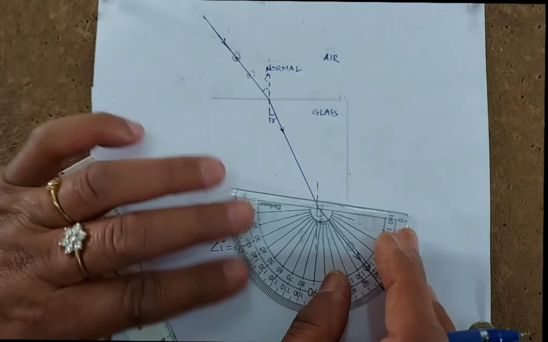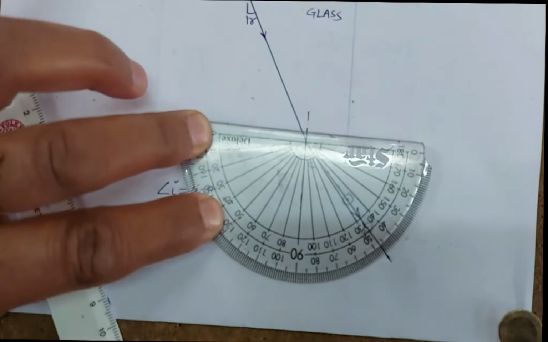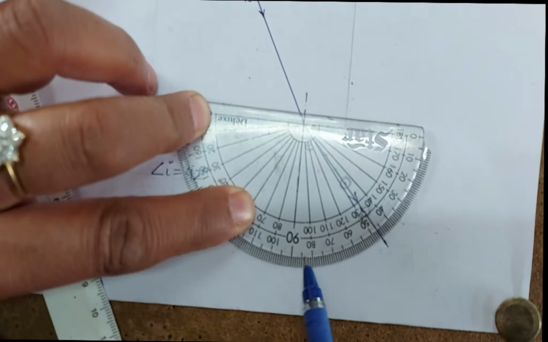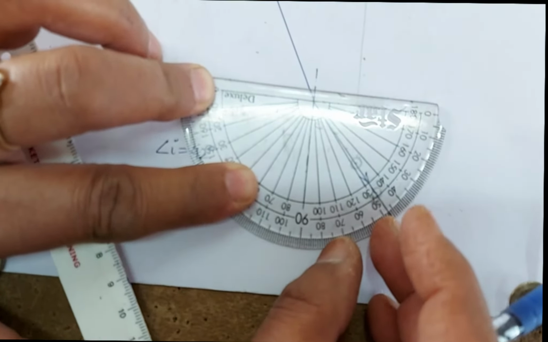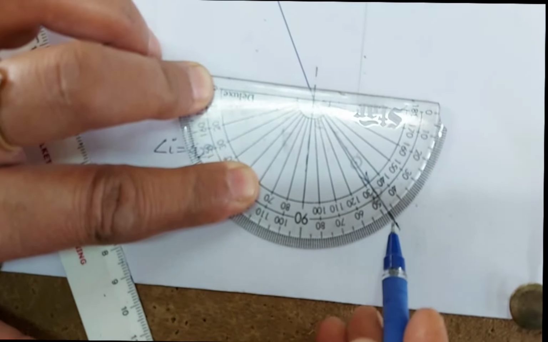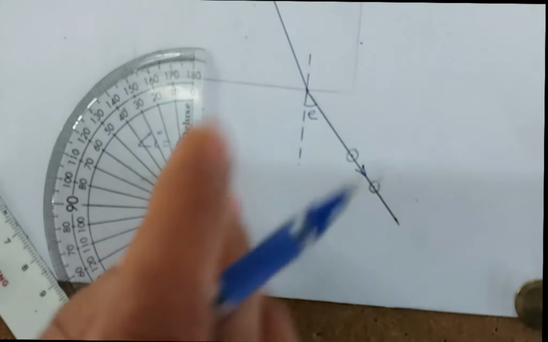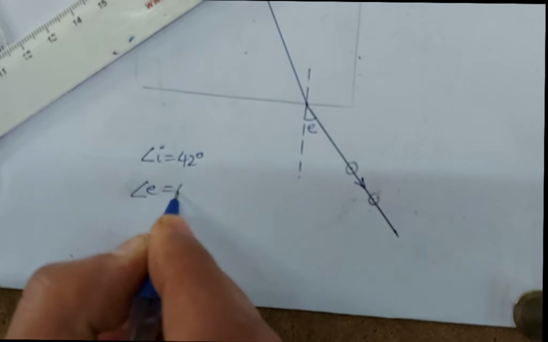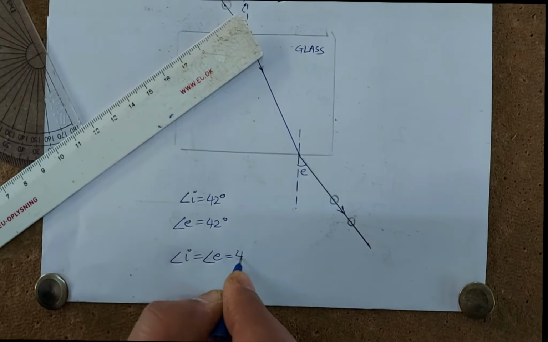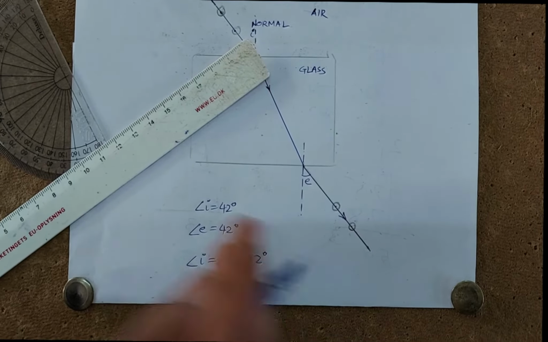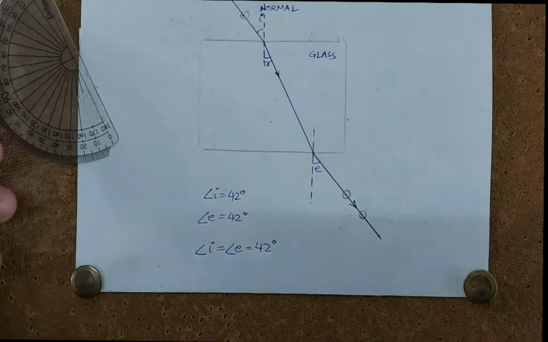And again 10, 20, 30, 40, 41, 42. This is also 42 degrees. And because angle i is equal to angle e, the refraction of the light has been perfectly done and the path of the light ray has been traced to the fullest and properly.